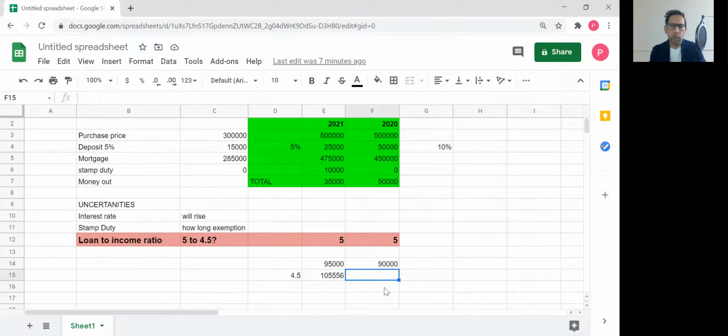Let's say you were just on the borderline at £90,000 and you don't see your earnings going up, or rather going down maybe. Then you may not be able to afford the same property even with a lower deposit, because that requires a higher income level by £5,000 in this scenario.